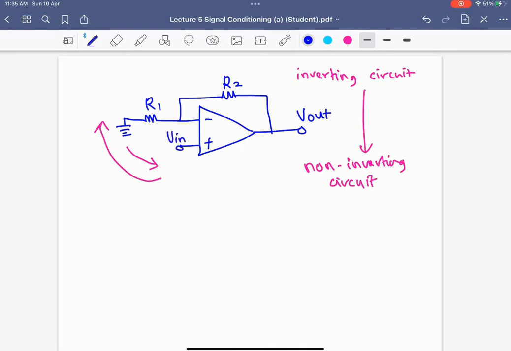Now you have made it a non-inverting circuit. It's easiest, right? All circuits come from the inverting circuit.